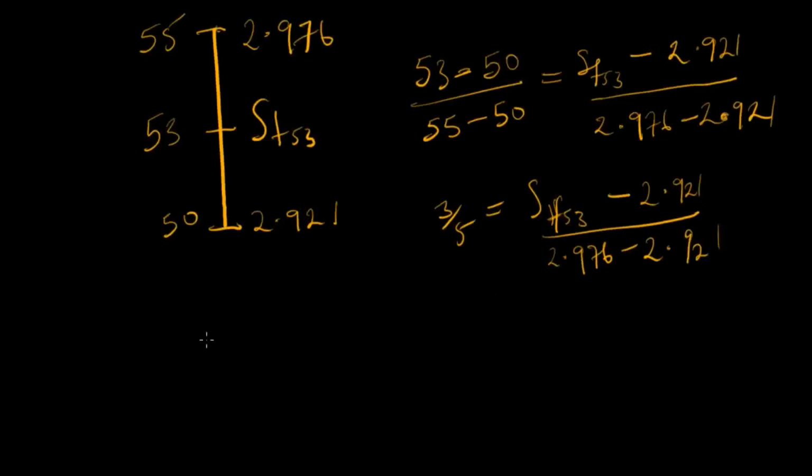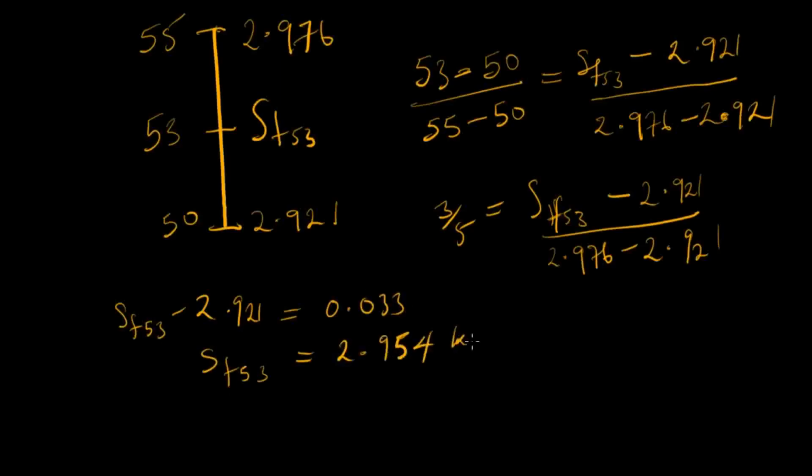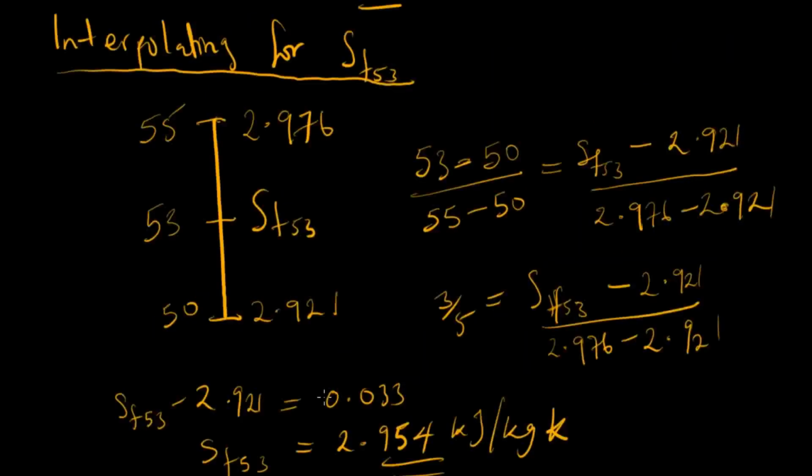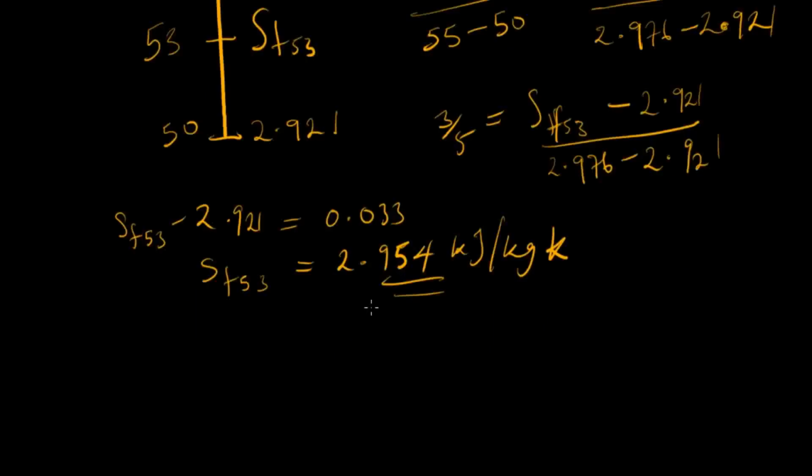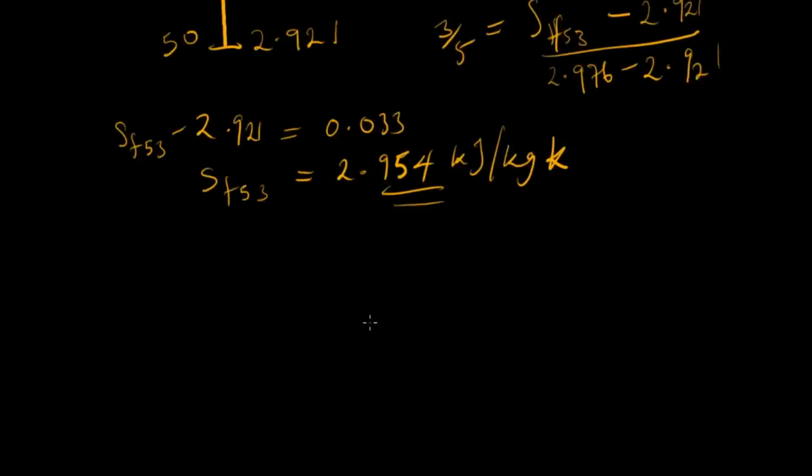So finally we have that sf53 minus 2.921 is equal to 0.033, and then sf53 will be 2.954 kilojoules per kilogram Kelvin. Don't forget the assignment. So as you can see, it's in between 2.976 and 2.921.